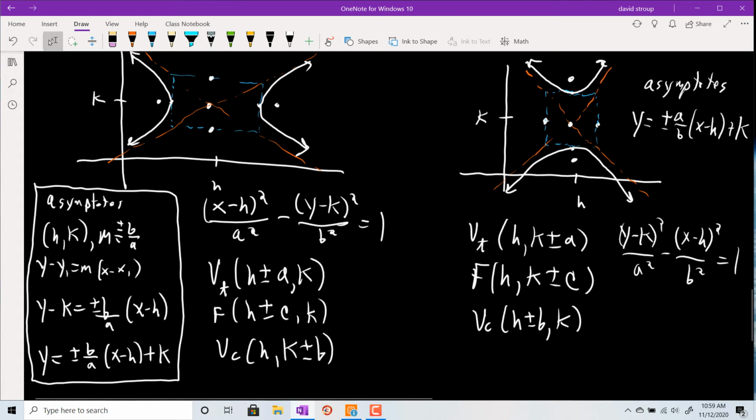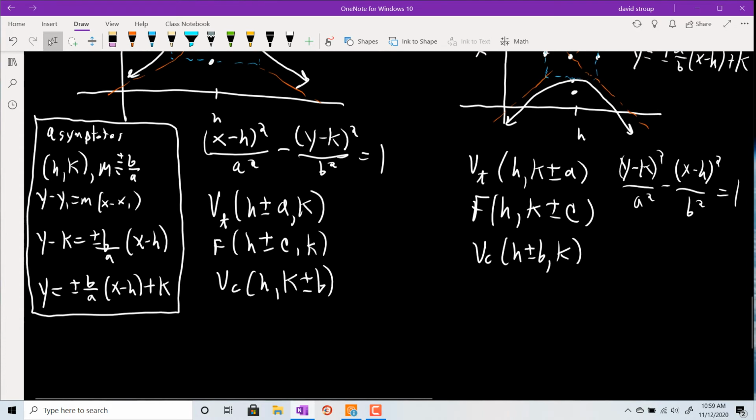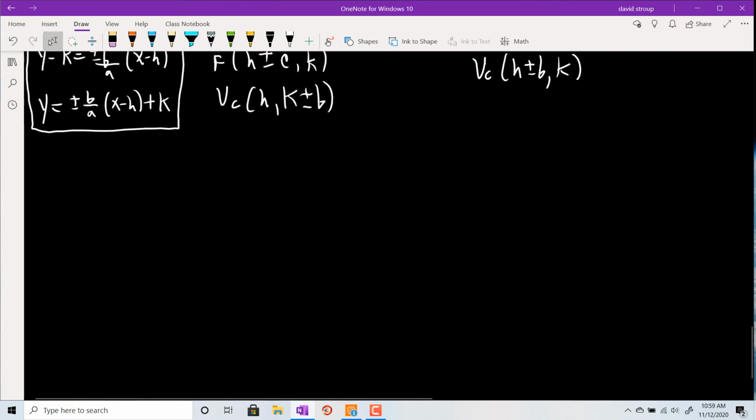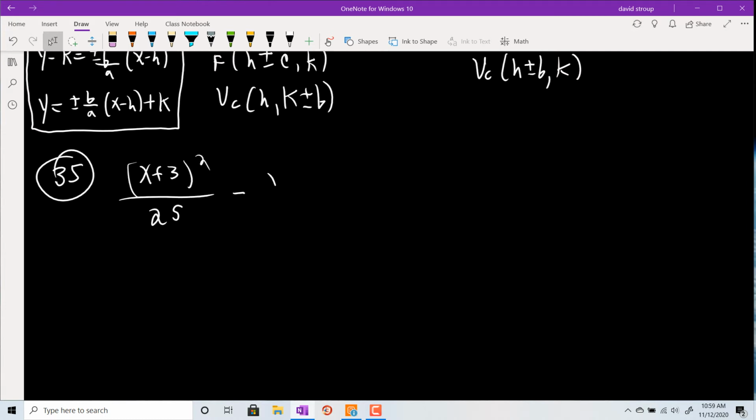Okay, so a lot of stuff there. Let's take a look now at graphing these things and getting all the information down. So problem 35, x plus 3 squared all over 25 minus y squared over 16 equals 1. Okie dokie. So the center, if you wish to do that first, negative 3 comma 0.